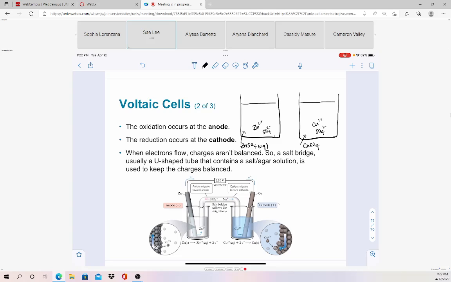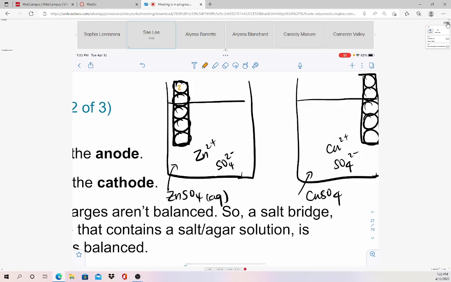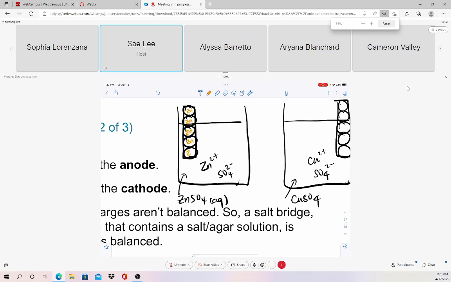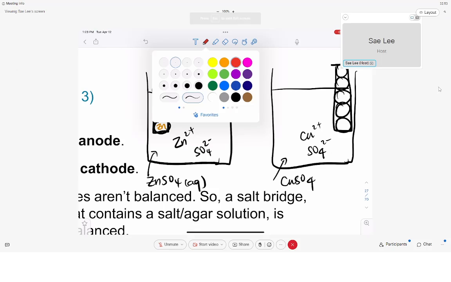So here we have zinc. Here we have copper.